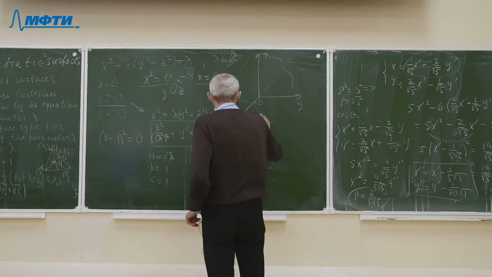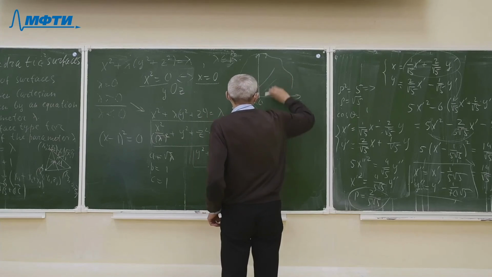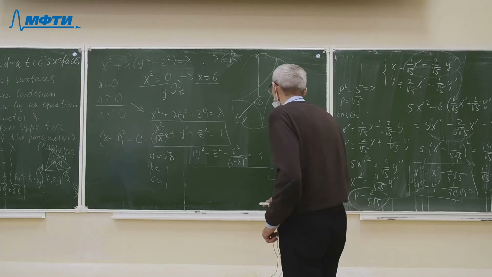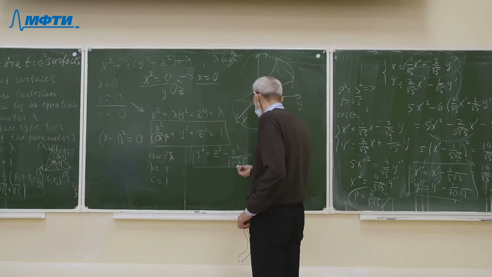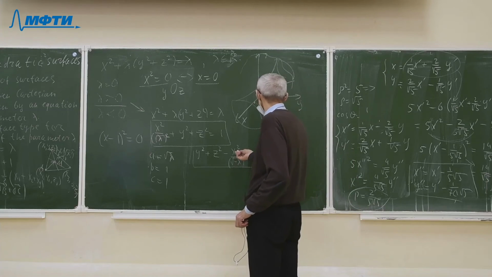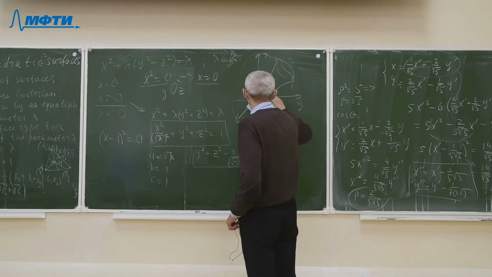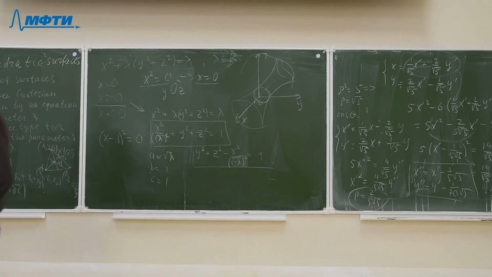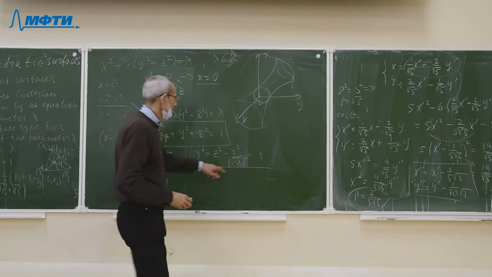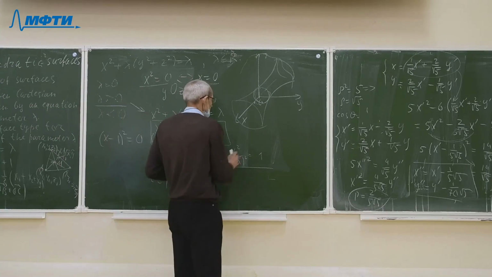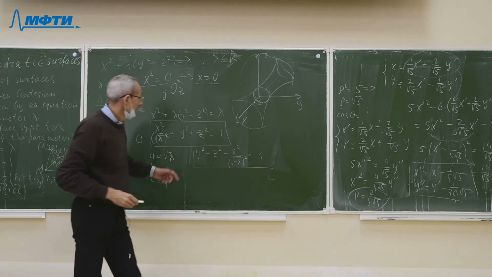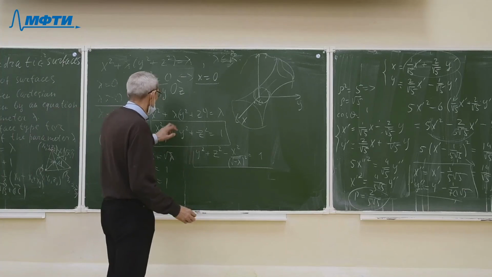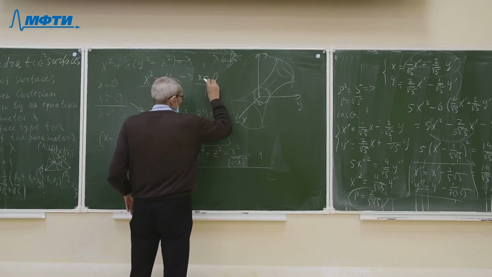If x is equal to 0, we obtain a circle with radius equal to 1, and we have two hyperbolas. In this case, we obtain a simple hyperboloid. Oh, we obtain an ellipsoid, I'm sorry.